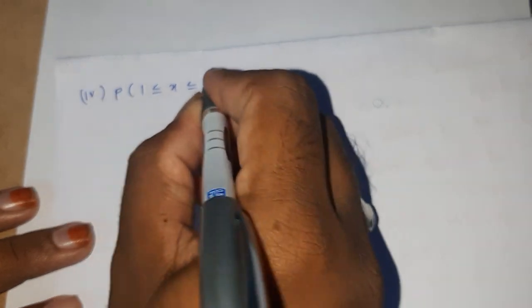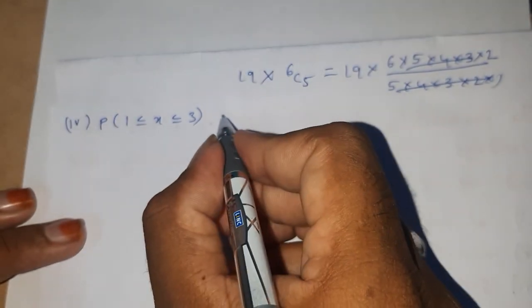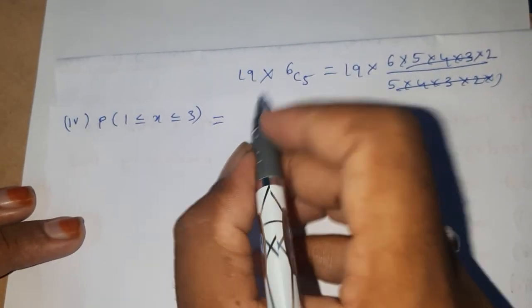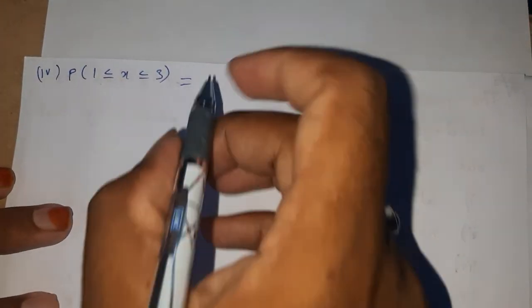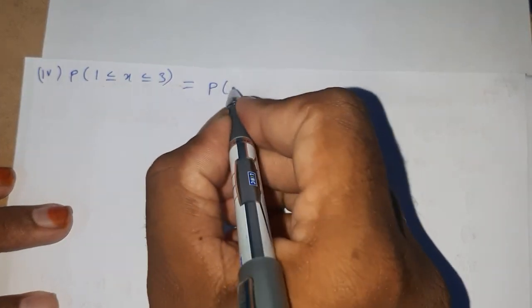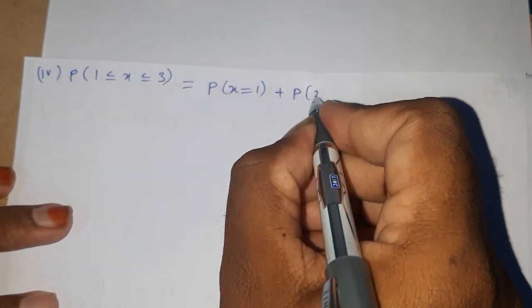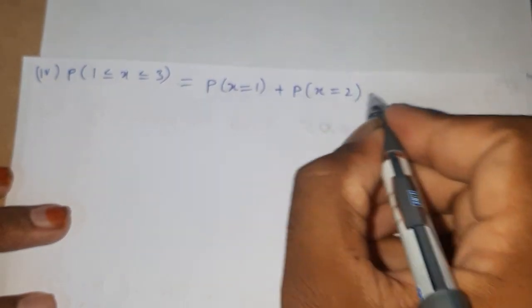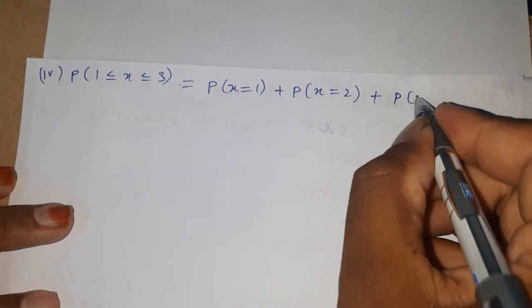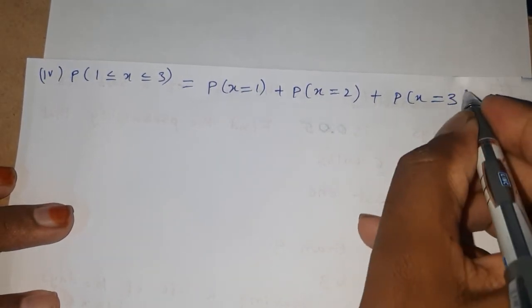Now the probability whenever 1 is less than or equal to x is less than or equal to 3. That is the probability when x is equal to 1, plus the probability when x is equal to 2, plus the probability when x is equal to 3.